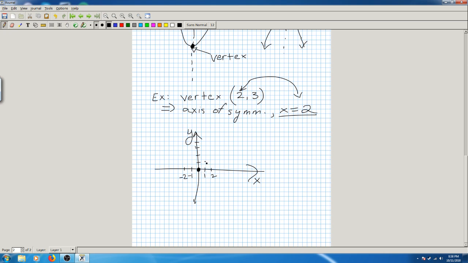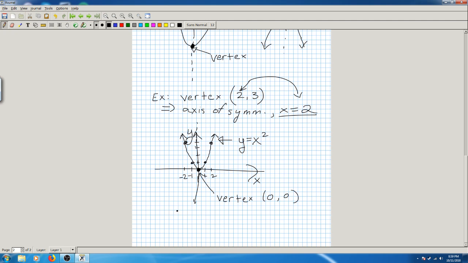Move over 1 to the right, move up 1. 1 to the left, move up 1. 2 to the right, up 4. 2 to the left, up 4. It's really hard to do this on a graphics tablet. This guy is going to have an equation y equals x squared. The axis of symmetry is going to be right down the middle, and the vertex coordinates here are 0, 0.